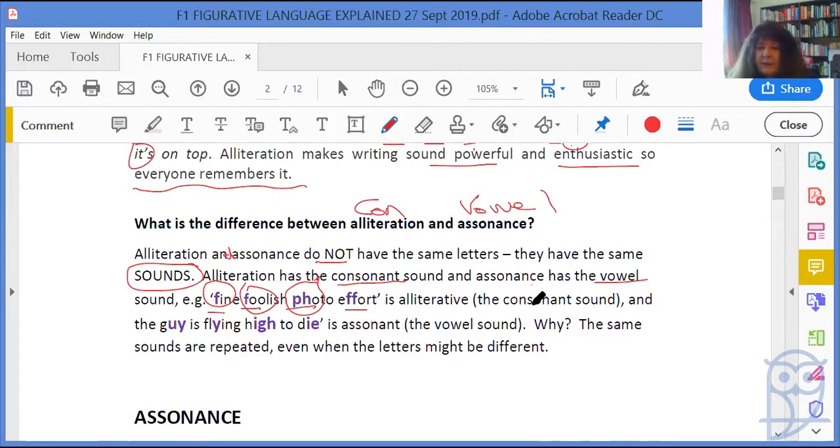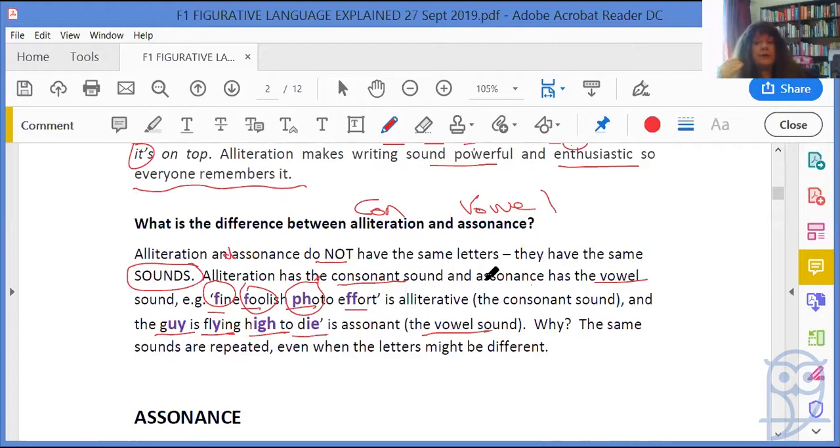Now look at this one with the assonance sound. Guy, fly, high, die. That has the vowel sound, the I sound. Doesn't matter how it's spelled, it's still got this sound. And that's how some people feel a bit tricked. They say, should it not all be one letter or one vowel? No, it's to do with the sound.